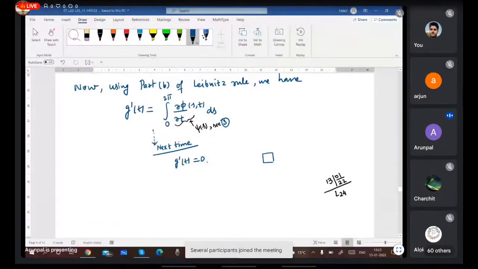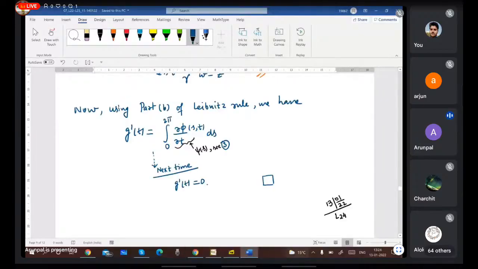Because phi is continuously differentiable the way we have chosen phi, and it has a partial derivative with respect to t, we can apply the Leibniz rule, and according to that we have this. So now let's continue further.